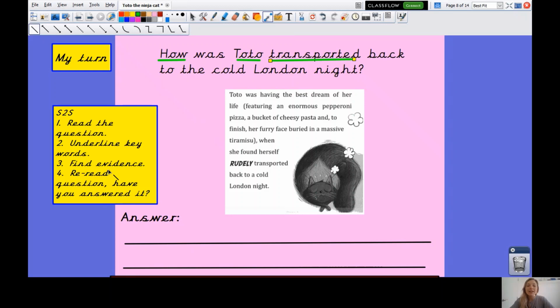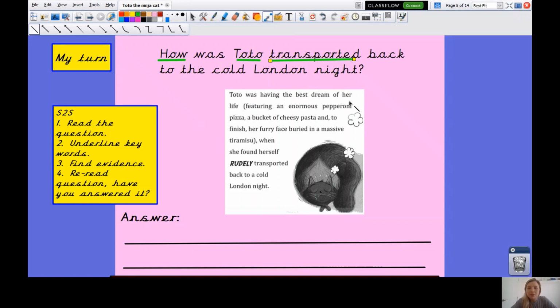Okay, now I need to find the evidence. Now, on your task sheets, it will tell you whether your answer is going to be in paragraph 1, 2, 3, 4, 5, 6, 7, or 8. This is in paragraph 1. So I know I can look, and my answer will be in this area here.